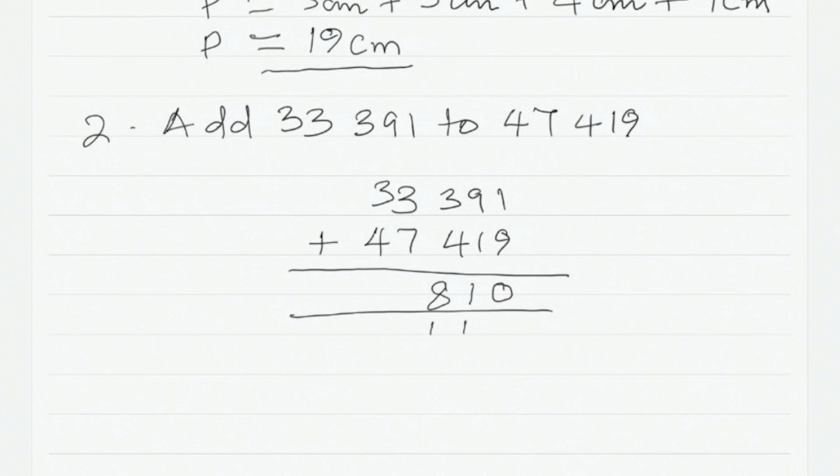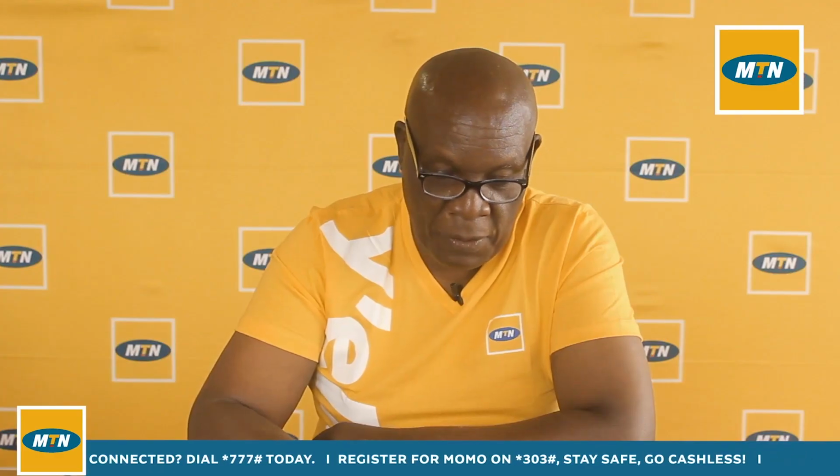So we have 3 plus 7, that is 10. You carry 1. 4 plus 3, that is 7. 7 plus 1, that is 8. If we check on our answers, our answer is A. That is something we have gotten when we add the two numbers that have been given to us.